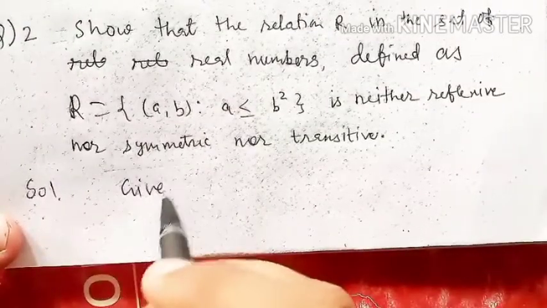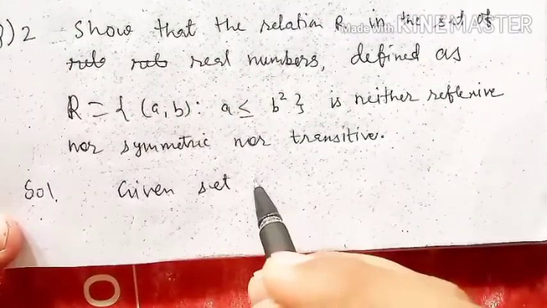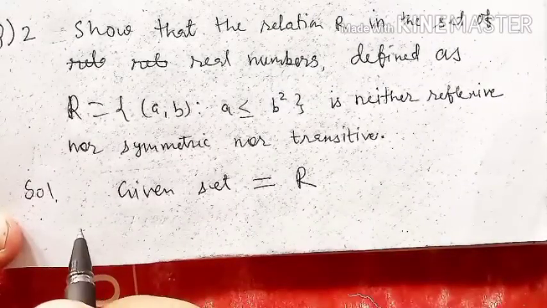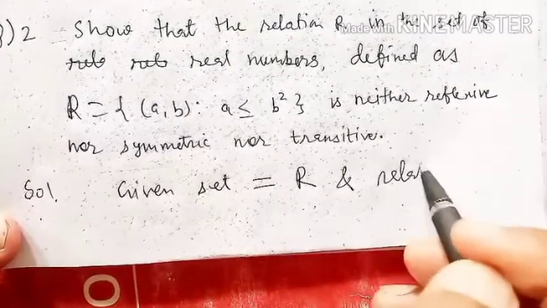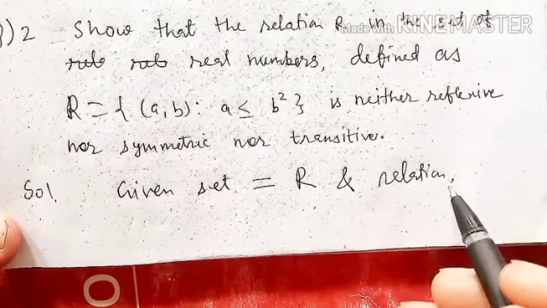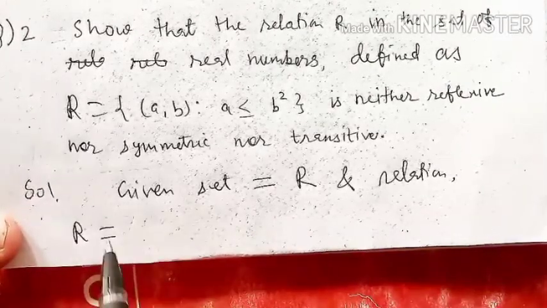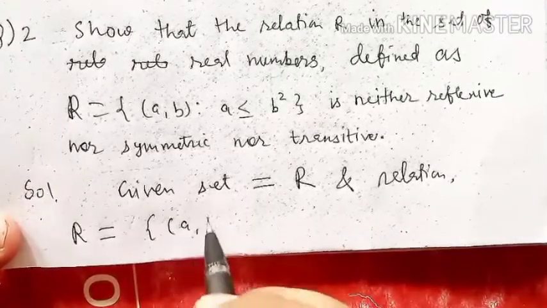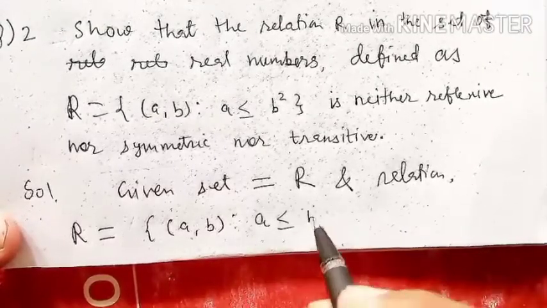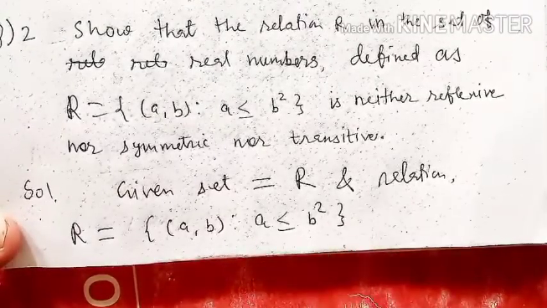Solution. Here the given set is the set of real numbers and the relation is R such that A is less than or equal to B square. First one.